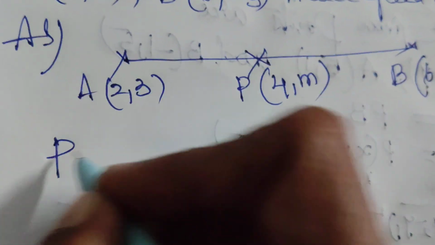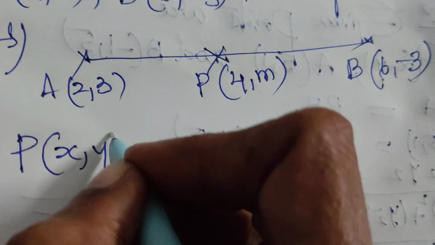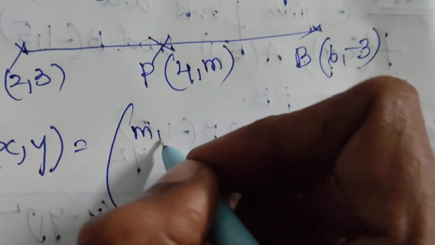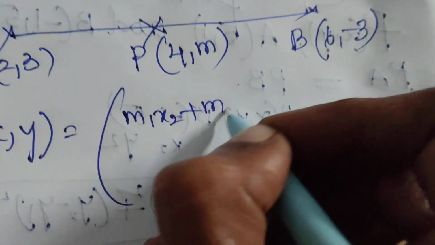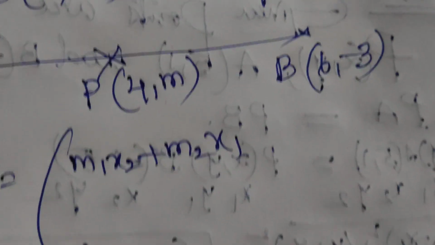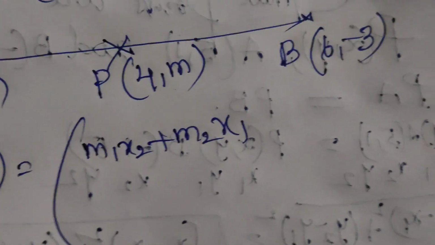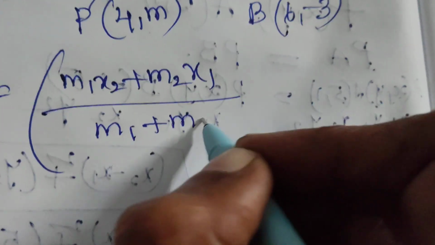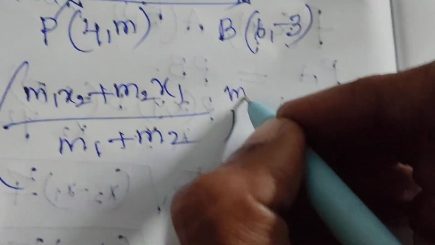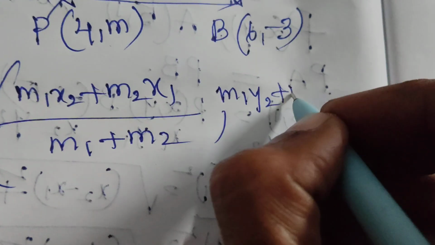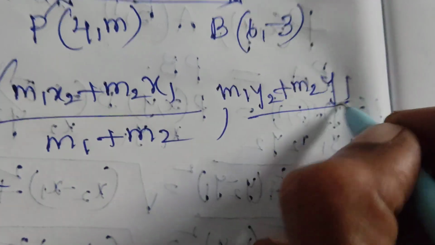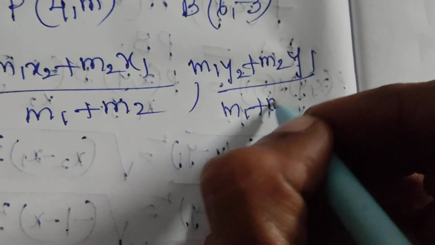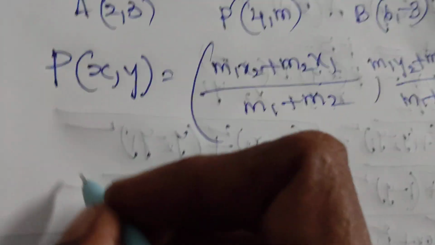Now, to find P(x, y), the formula is (m1 x2 + m2 x1) by (m1 + m2), comma, (m1 y2 + m2 y1) by (m1 + m2).